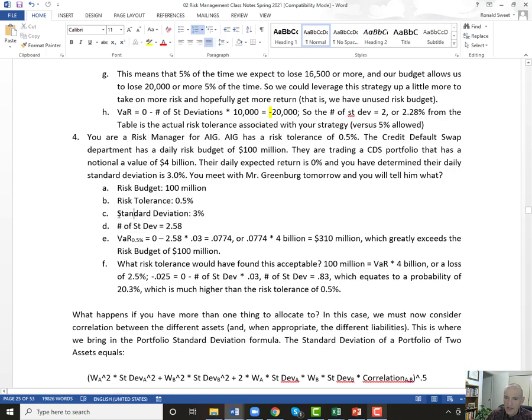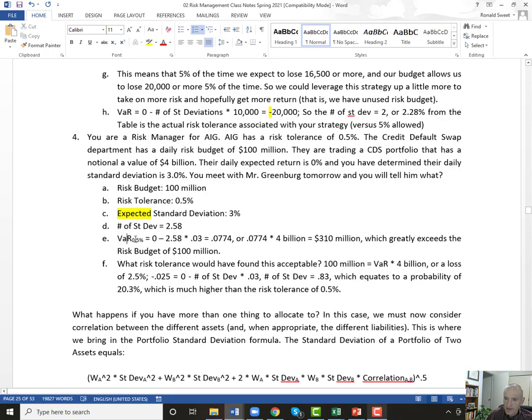So the standard deviation, and remember again, it's not the standard deviation, it's the expected standard deviation. We don't know the actual standard deviation. We just have an expected standard deviation. I should say that every time, but I don't. It's 3%. And our risk tolerance, 0.5%, gives us the number of standard deviations, the type of sigma event we're interested in. So our VAR, again, there's that 0.5%.